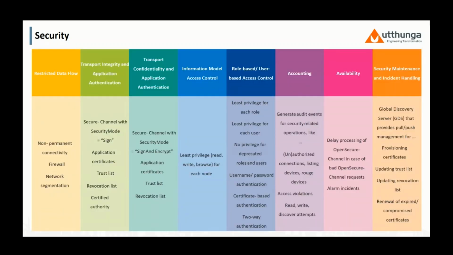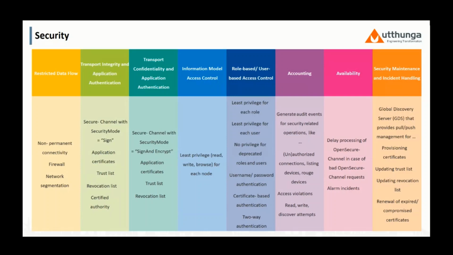If you are a little familiar with the OPC UA specification and OPC UA terminology, this slide again explains the same aspects on how the OPC UA specification addresses the security aspects, with each of the security goals. For example, security mode equal to sign is something you would recognize if you are a little bit familiar with the OPC UA specification.